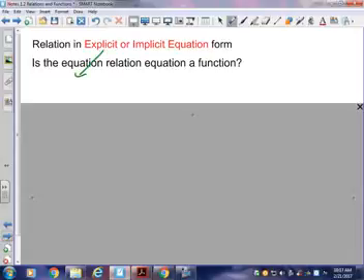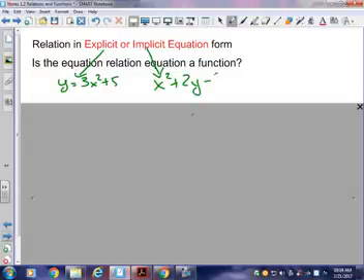So this is like y equals 3x squared plus 5 as an example. And this would be like x squared plus 2y minus 7 equals 0. Something where it's not a y equal 2 equation. That's what implicit is. It's not y equal 2, where this one is y equal 2.